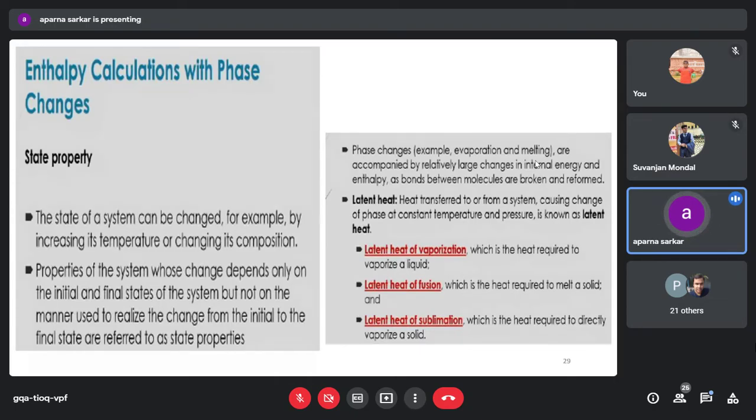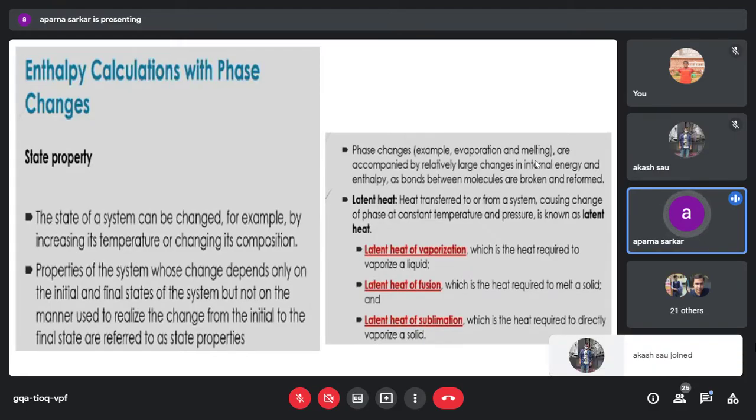When the liquid is transformed into vapor, how much heat is required is expressed by the latent heat of vaporization. Fusion is when a solid is melting and heat is required for this melting; this is known as the latent heat of fusion.